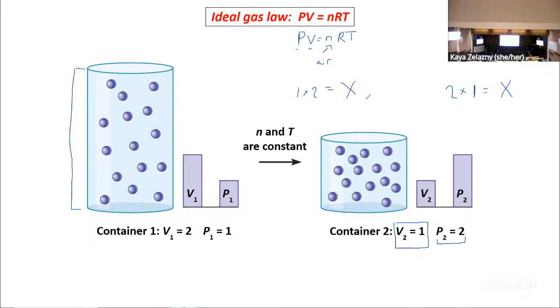So we could also express this in a different form if we wanted to reshape this. PV equals nRT total, which I'm just calling X. But if you wanted to find the pressure, it's going to be that nRT divided by the volume.